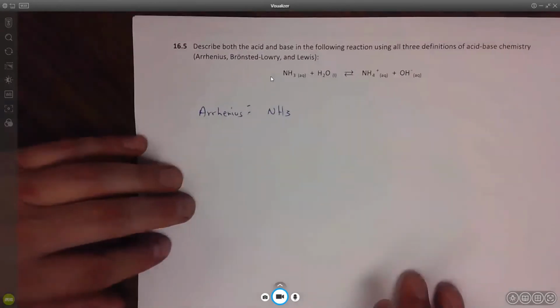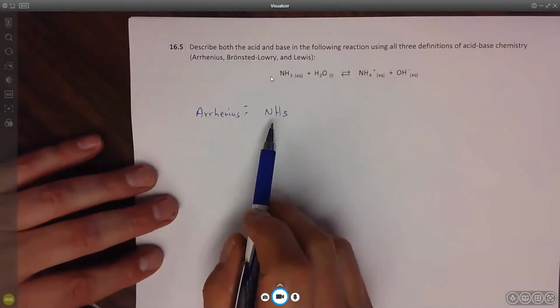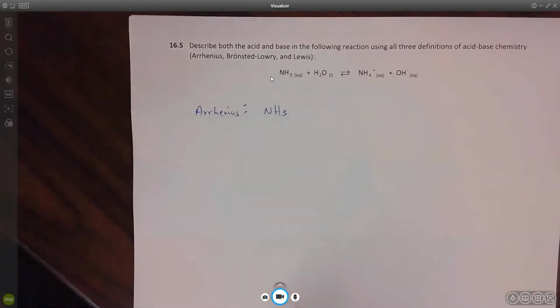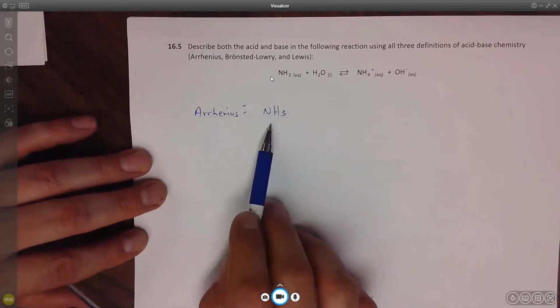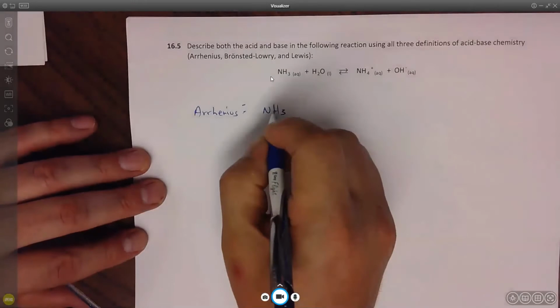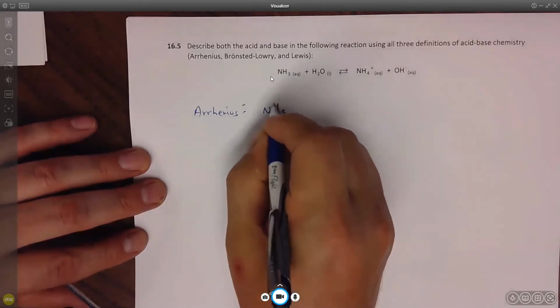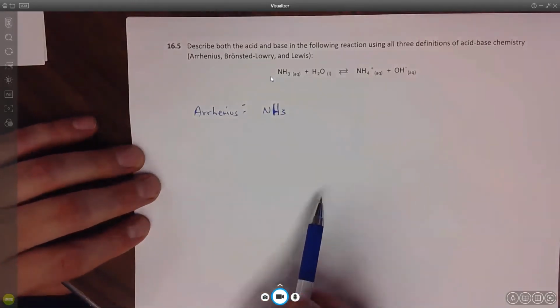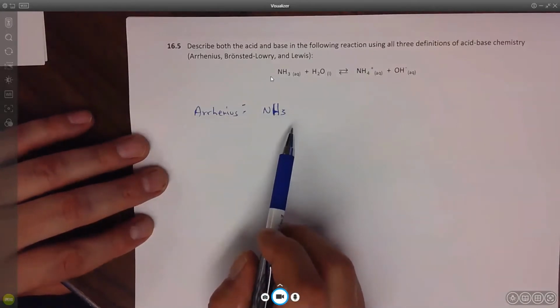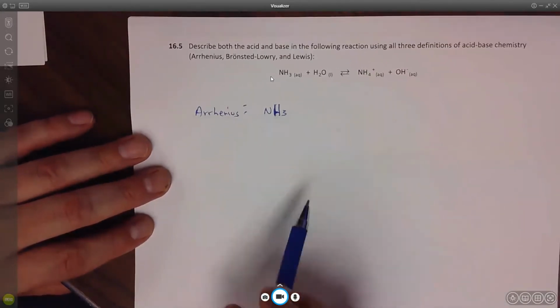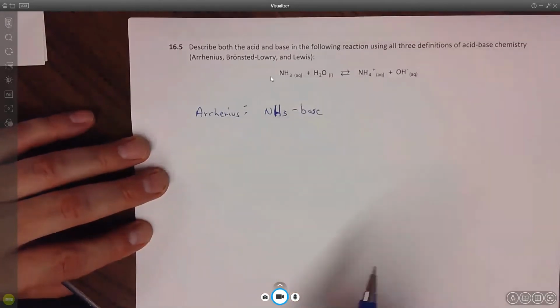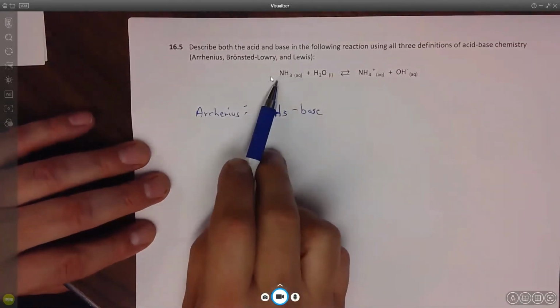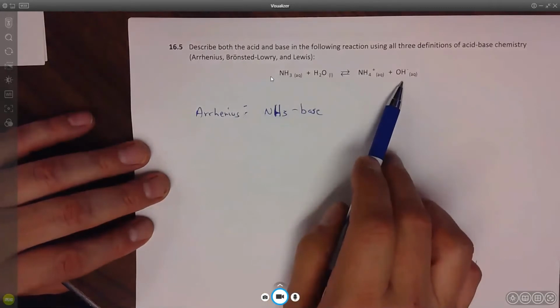Okay. So in this case, the NH3, and I believe in the homework solutions I say that NH3 is not, but I've been fighting with this for years until finally this year, I was able to get the original papers of Arrhenius. And again, from the wording that he uses, NH3 would be the base, because when ammonia is dissolved in water, it generates the hydroxide ion.